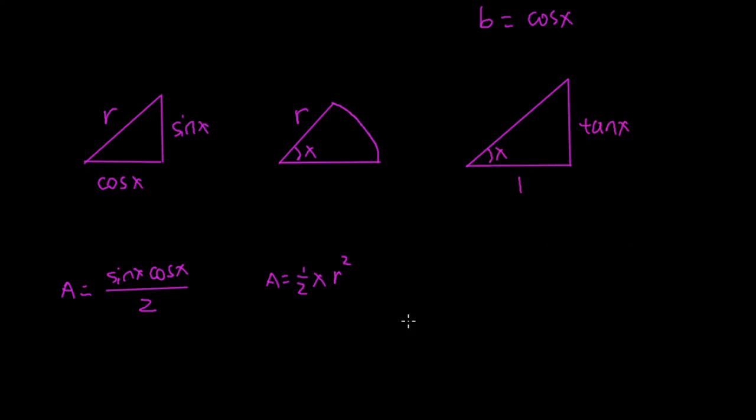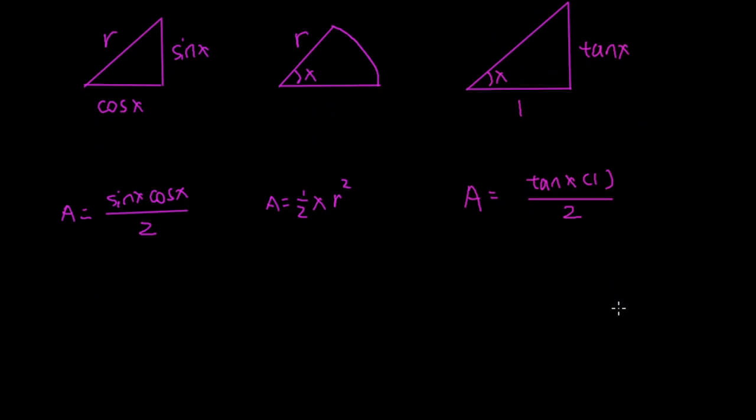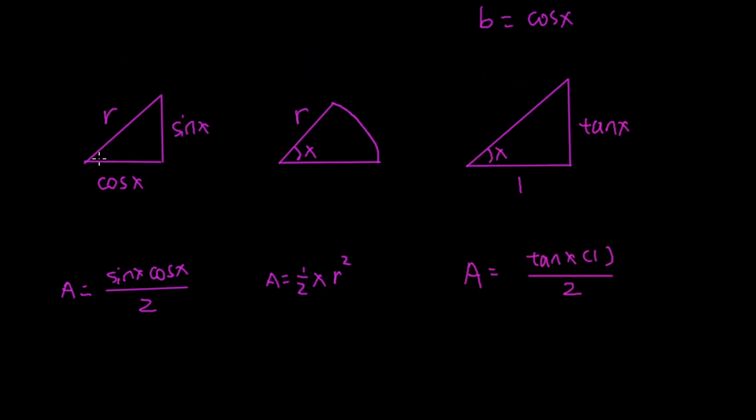Now, what's the area of this larger triangle? It's the base times height divided by 2. So that is tan x times 1 divided by 2. Okay, as we know that, the area of this smaller triangle is less than or equal to the area of this sector, which is less than or equal to the area of the larger triangle.